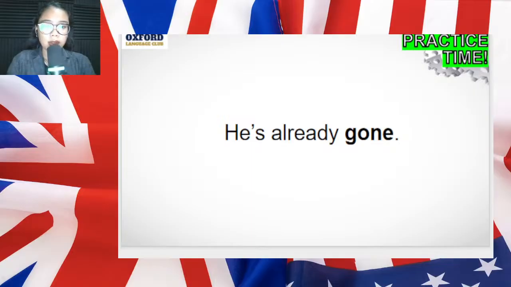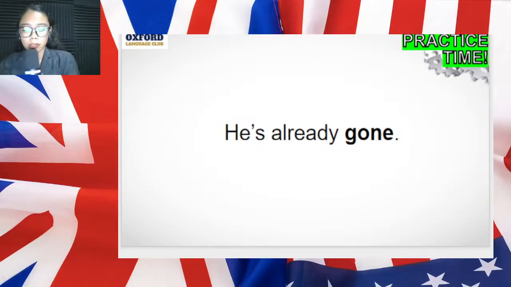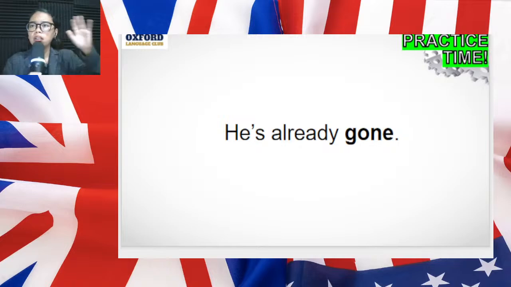He's already gone. Did my voice go up or go down on the highlighted word here, which is gone? Did it go up or go down? He's already gone. Is it going up or going down?